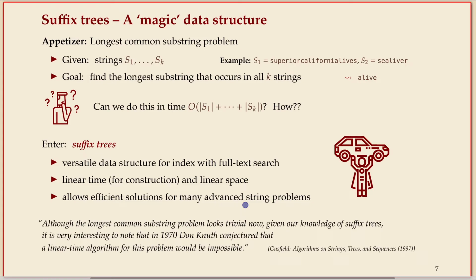And to further give credit, to give evidence for this, there's a quote from a textbook on suffix trees and other related problems that says Don Knuth, that's the same Knuth from the Knuth-Morris-Pratt algorithm, and well, famous for his books, The Art of Computer Programming, also the creator of the TeX typesetting system, and in a way, a central figure in theoretical computer science for sure.